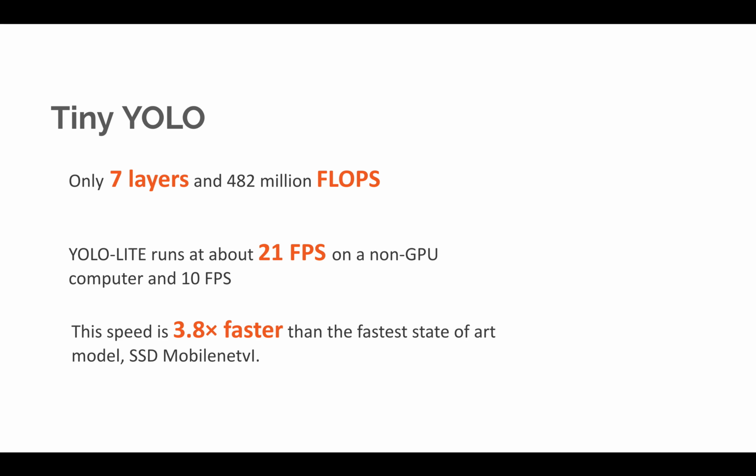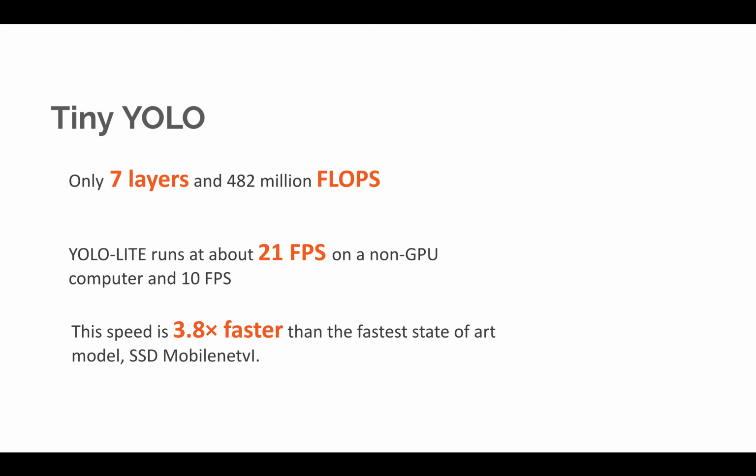So here we are going to demo Jetson Nano. First, a brief about tiny YOLO. Tiny YOLO has only 7 layers of CNN and around 482 million FLOPs. It runs on non GPU computers, like an i3 computer, at 21 fps.